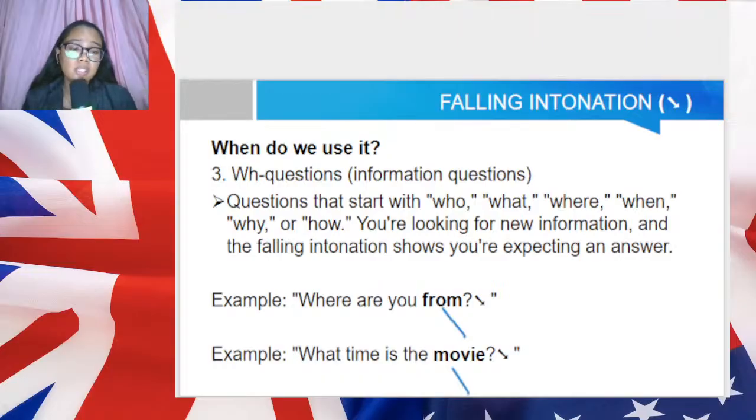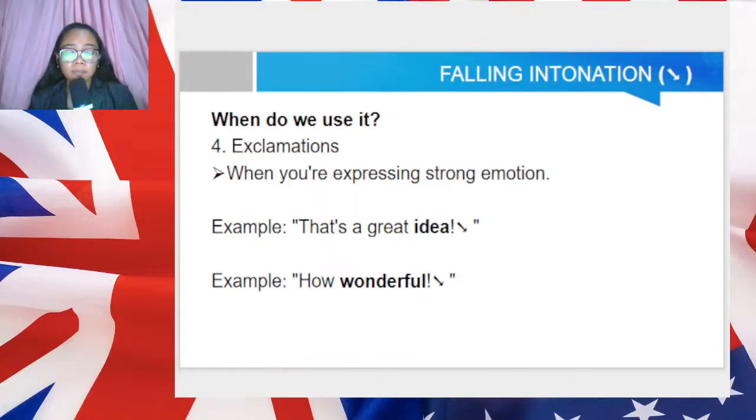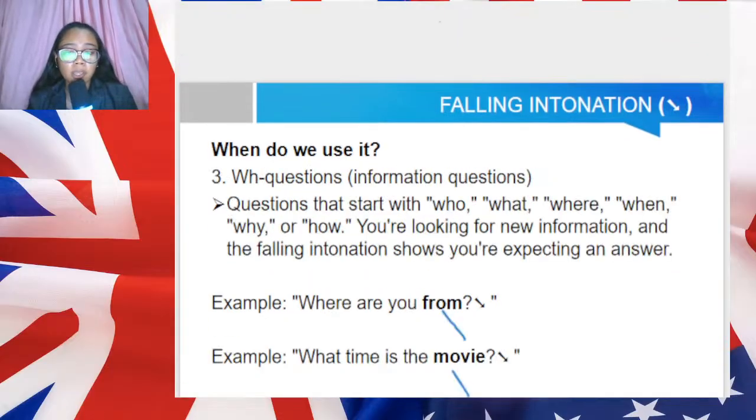A rising intonation on "movie" would imply you didn't quite catch the name of the movie, or that you're surprised there's a movie at all, instead of simply asking about the schedule. The pattern is incredibly consistent across all standard WH questions.